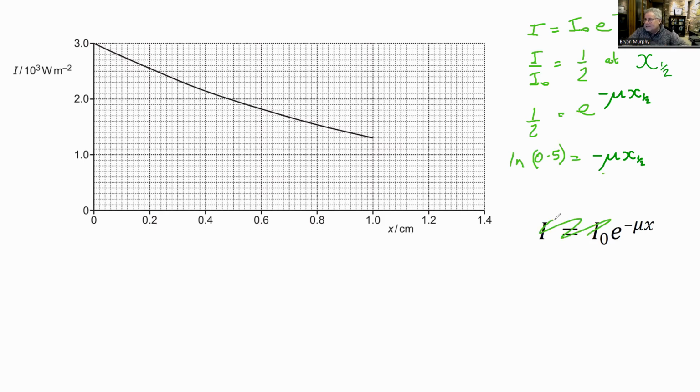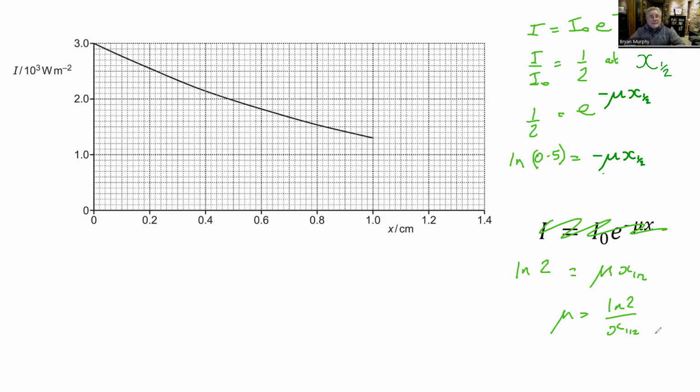Let me just get rid of that. So I want mu, but little cheeky bit of maths. Natural log of half is minus natural log of 2. So I'm going to say natural log of 2 equals, get rid of the minus sign, mu x a half. So mu equals natural log of 2 divided by x a half.